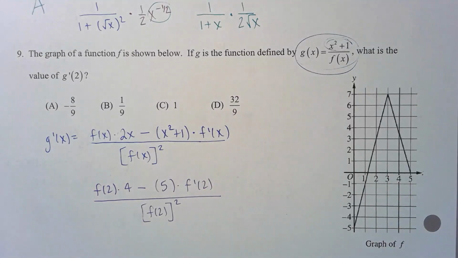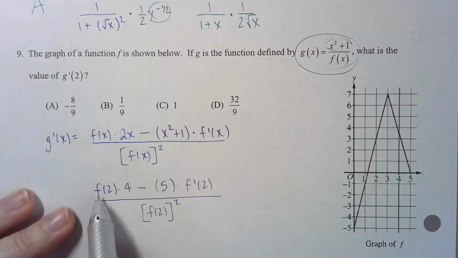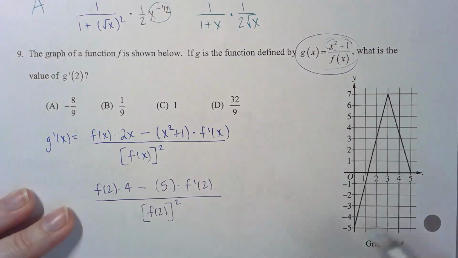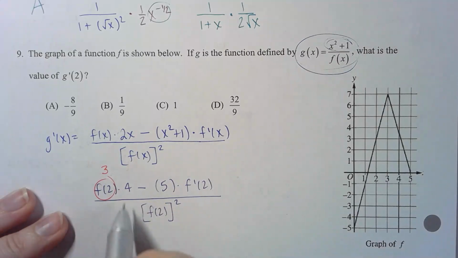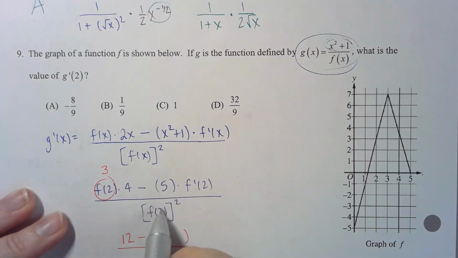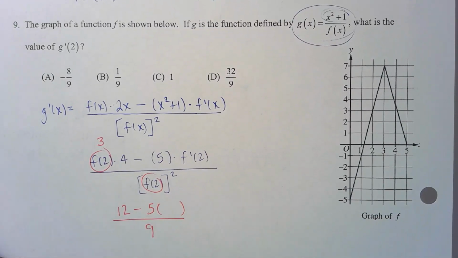I mean, I could have found some of these things along the way, but I just thought we'd wait. All right, so f of 2 says find the y value on f at 2. Oh, here's f, and the y value there is 3. So right now I have a 12 minus 5 times something all over 3 squared, right? We needed to find f of 2 twice, so okay.